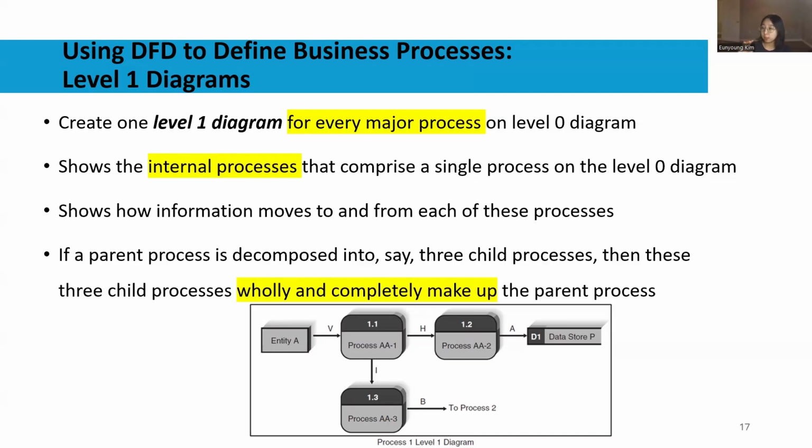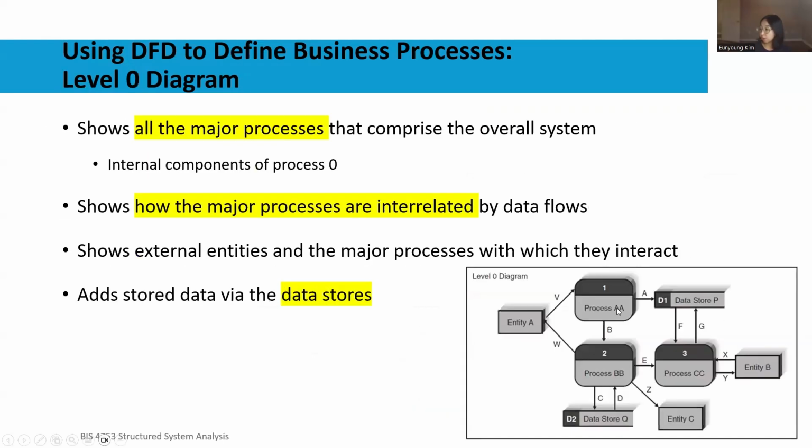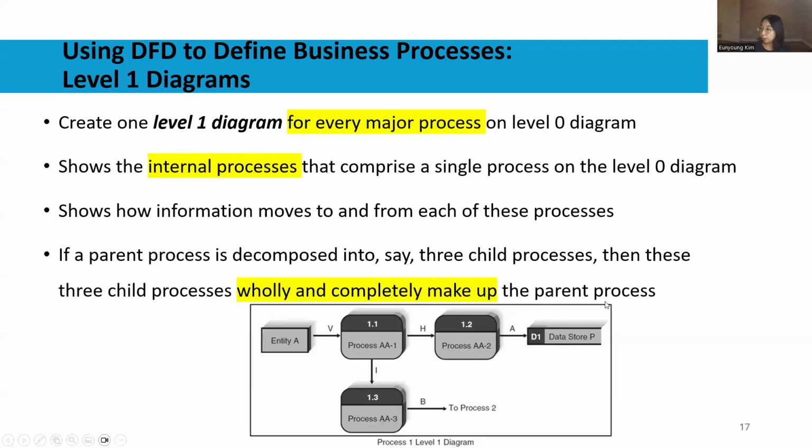So this kind of sub-processes about each main activity of your system will be defined in the level 1 diagram. Okay, so the main process, for example, the evaluating manuscript process, will be broken down into the level 1 diagram to exactly show what internal processes are needed for the manuscript evaluation.